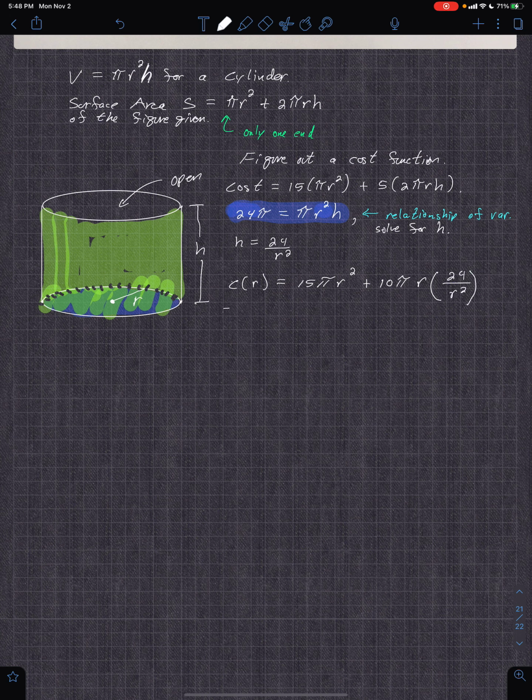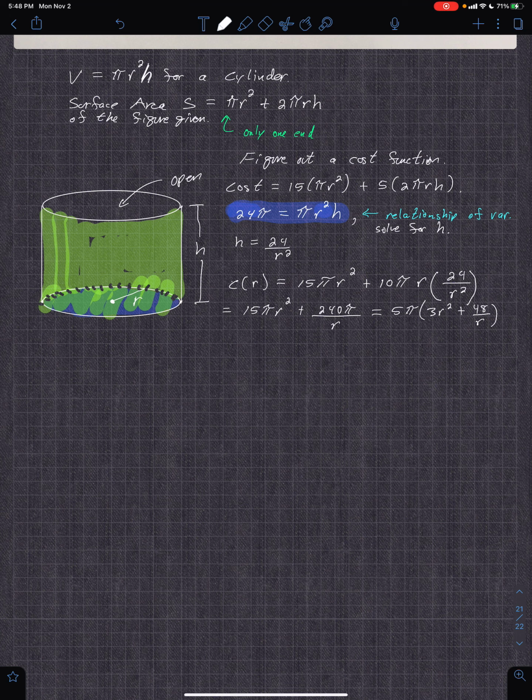Okay, so we substitute in and solve, so we get 15 pi r squared plus 240 pi over r. We can simplify a little further, do a little work on it, and you get 5 pi times 3r squared plus 48 over r.